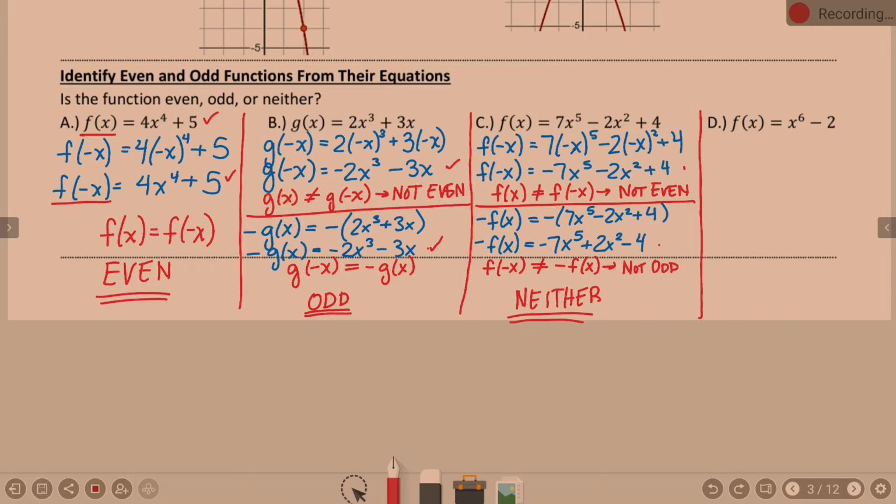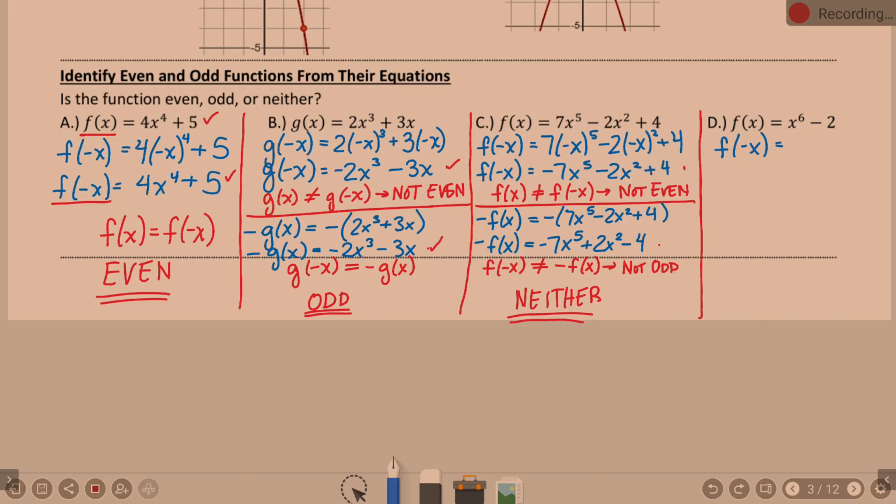Now, you don't know what answer this is at this point, right? You could have guessed the others ahead of time. Okay, f of x equals x to the 6 minus 2. What am I going to start finding? I want to start testing for even, so we need to find f of negative x.